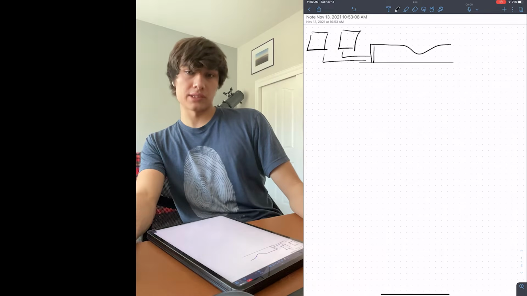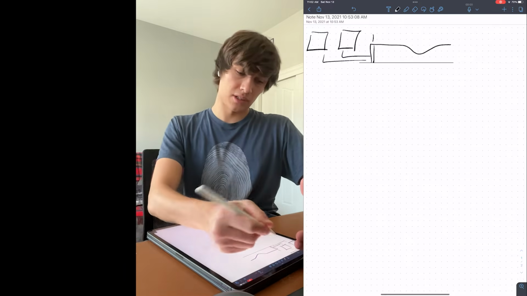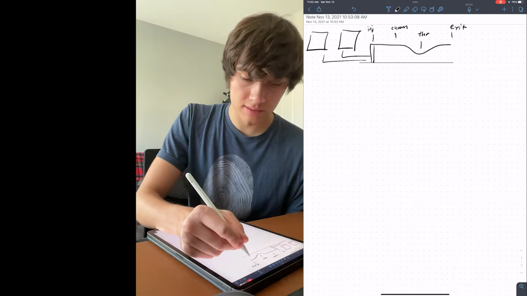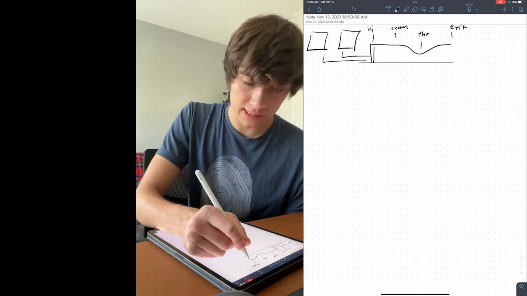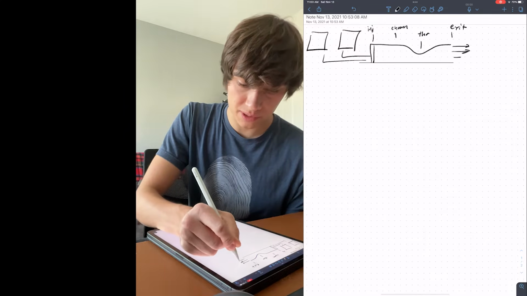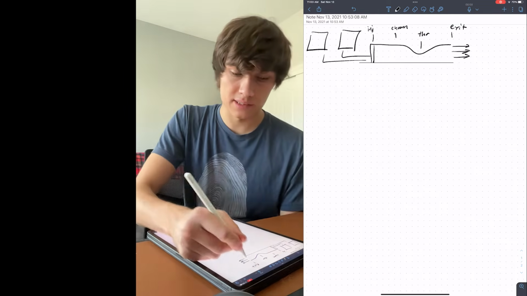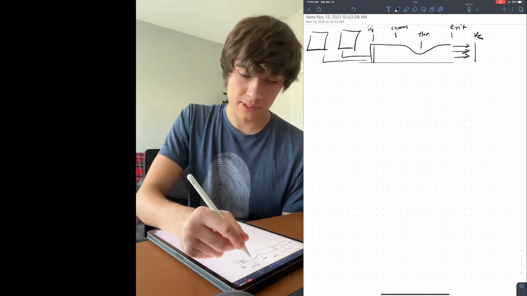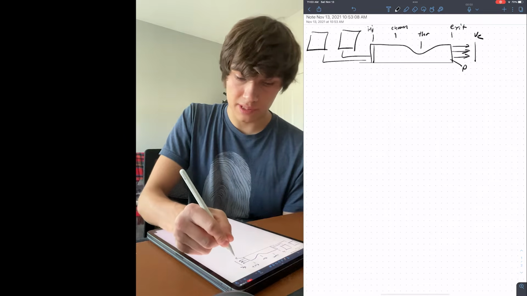From left to right, the stations of a rocket engine are called injector, chamber, nozzle, and exit. During operation, the rocket engine produces gas and it ejects it out of the nozzle. The gas has some average velocity, VE, and it also has some pressure, P exit.